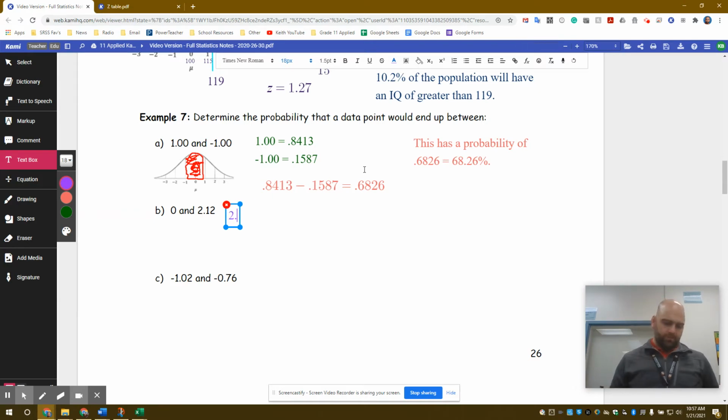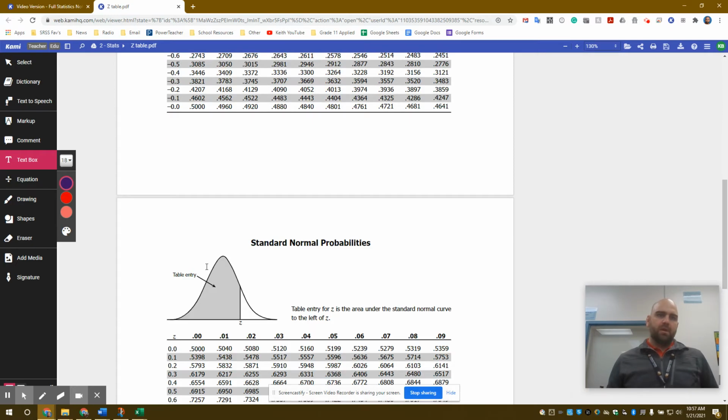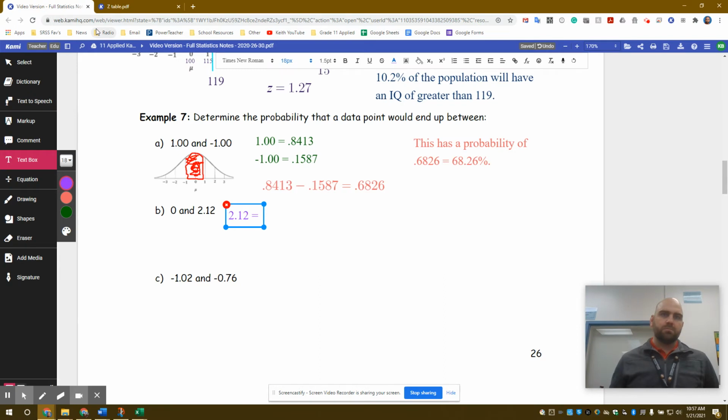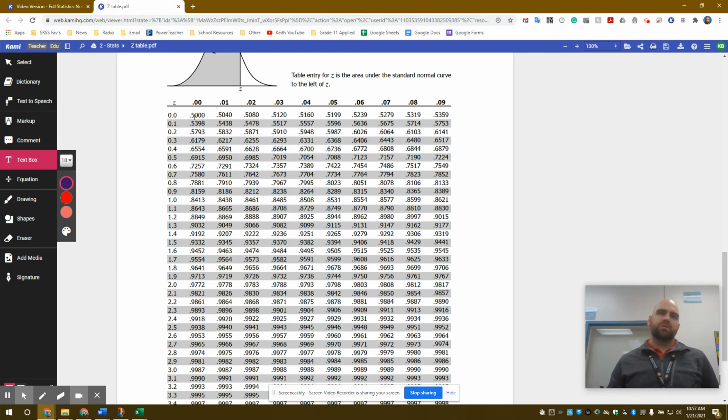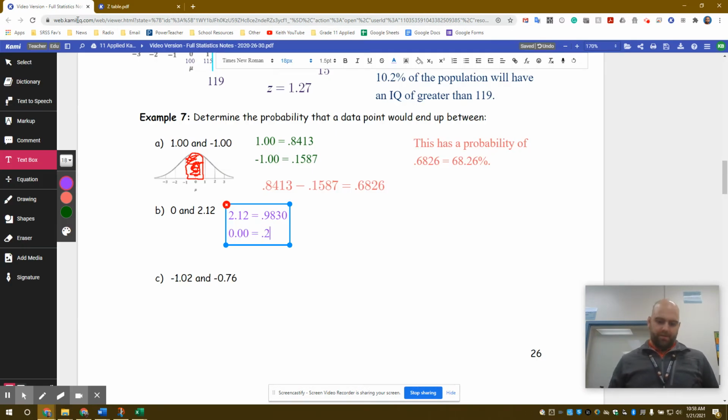So 2.12 has a probability. Go to our z-score table here, and 2.12 is right here. So that's 0.9830. And 0.00 is 0.5000.